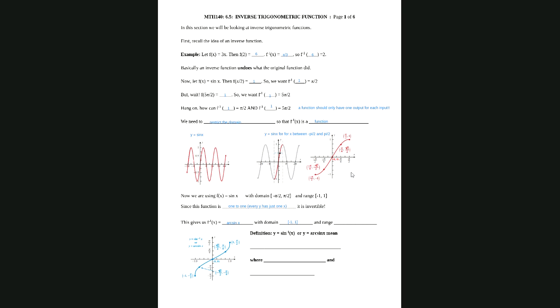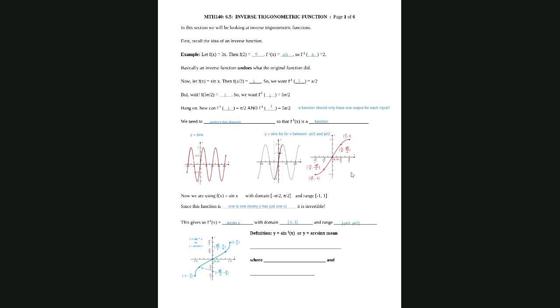And the range is negative pi over 2 to pi over 2. So notice that the domain and the range just got flipped around. Okay? And so this is how we're going to define a brand new function.